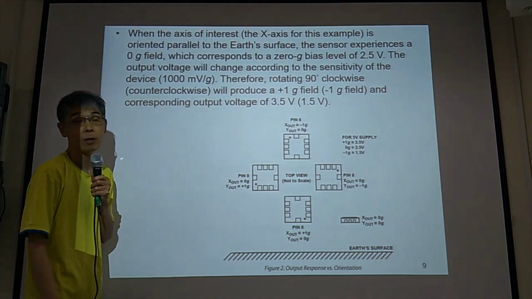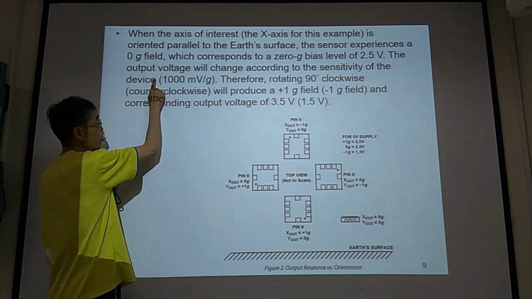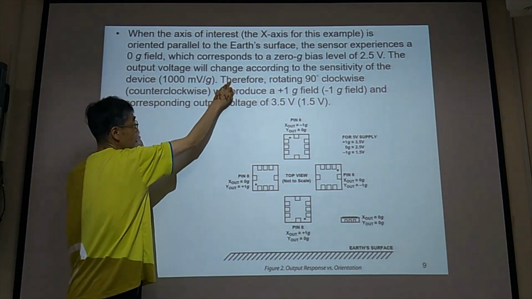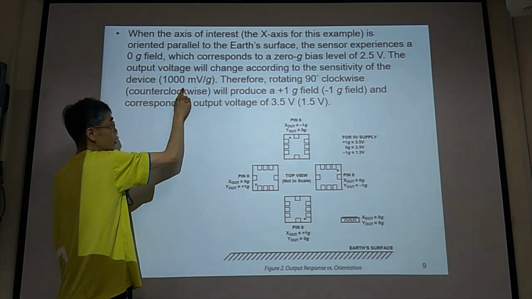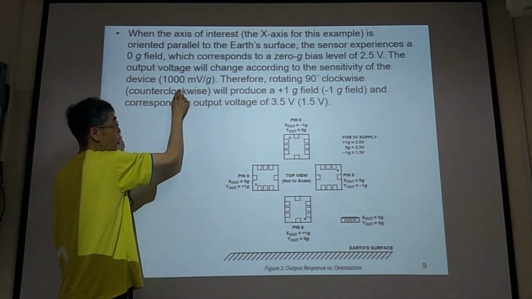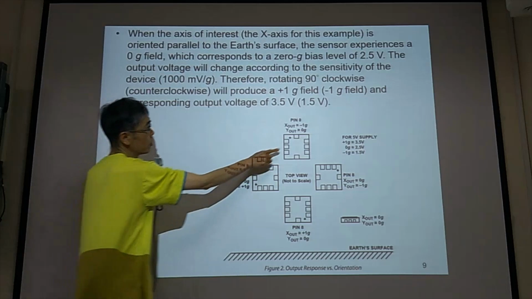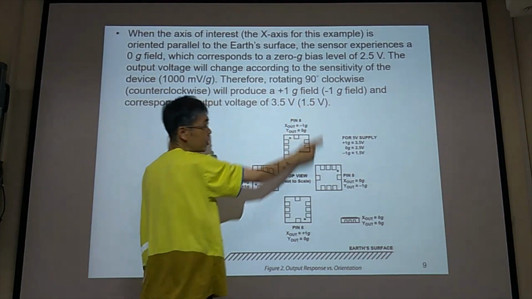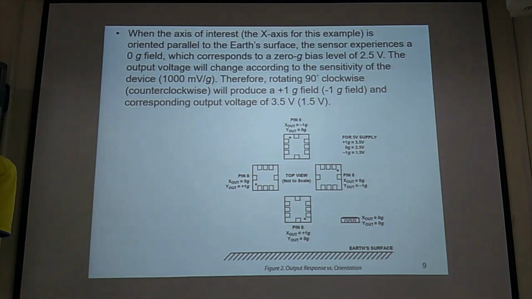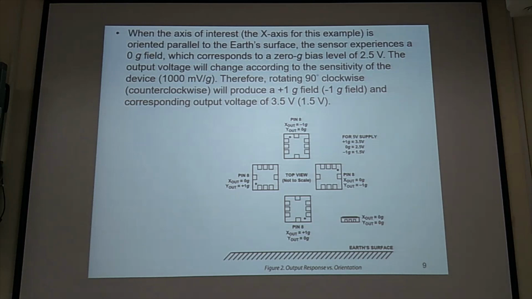Minus 1G, see minus 1G. This one times minus 1G. G cancel out. So equal to minus 1V. So 2.5 minus 1V equal to 1.5 V. So this is the output between 1.5 volt and 3.5 volt. So any question?